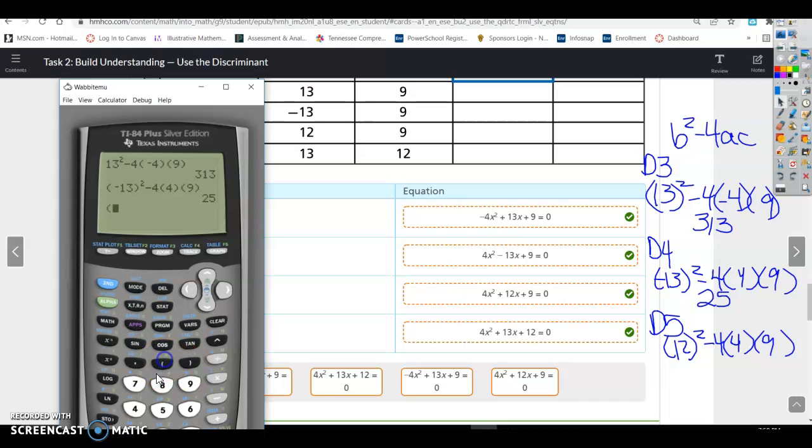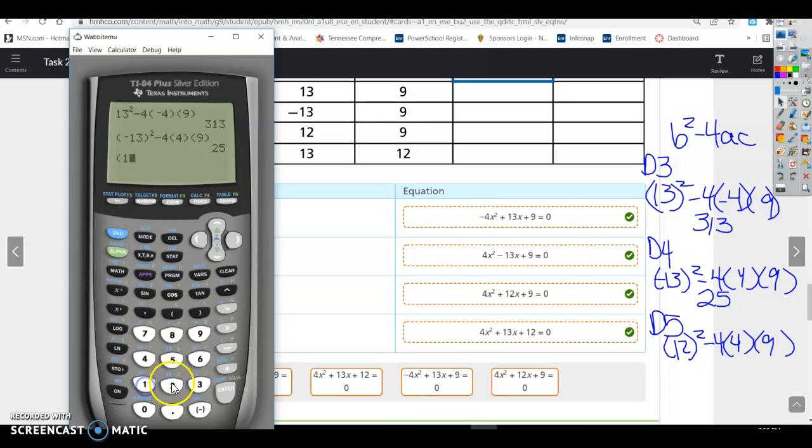So 12 squared minus 4 times A times C. That one has a discriminant of 0.